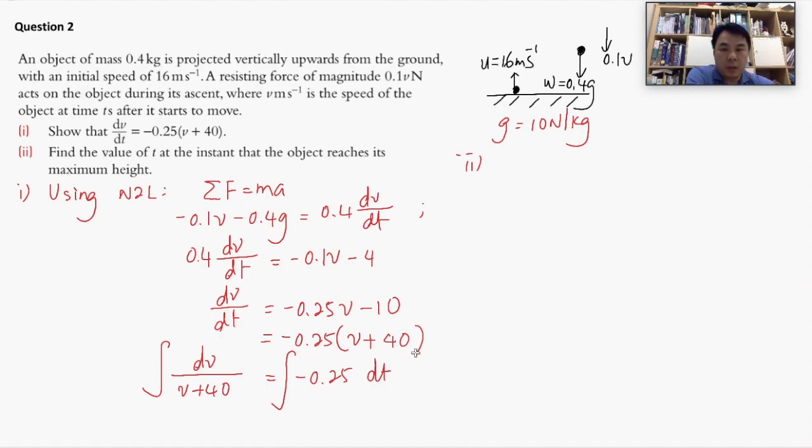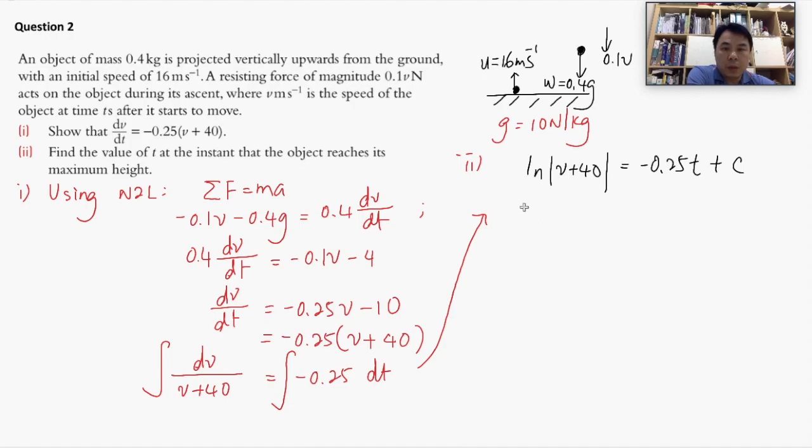This one is rather direct, so we can work with that quite easily. So we have ln of modulus v plus 40, always put a modulus sign, equal to negative 0.25 t plus c there.